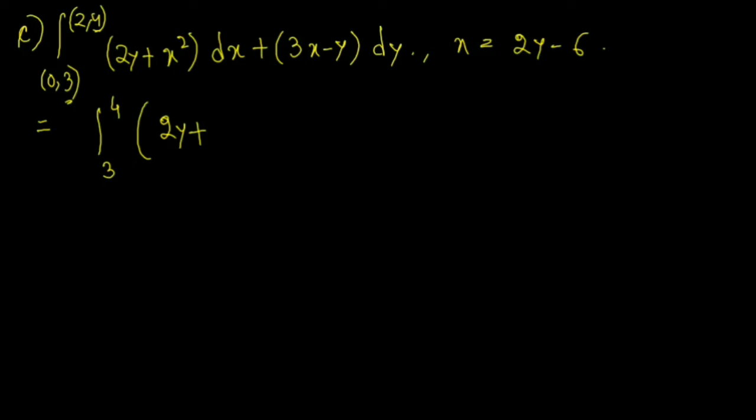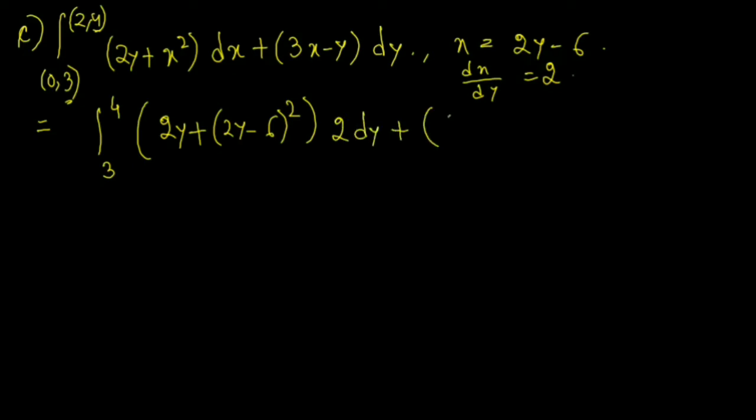So this is (2y minus 6) whole square, whole into dx. dx is how much? dx by dy is equal to 2, so dx is equal to 2 dy. Plus 3x. 3x is how much? 6y minus 18, minus y, dy.